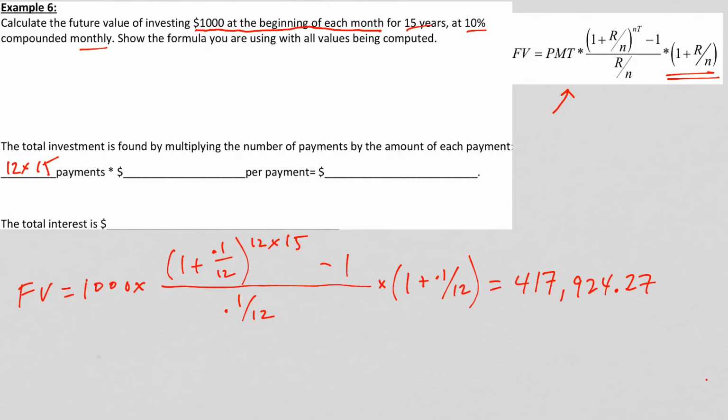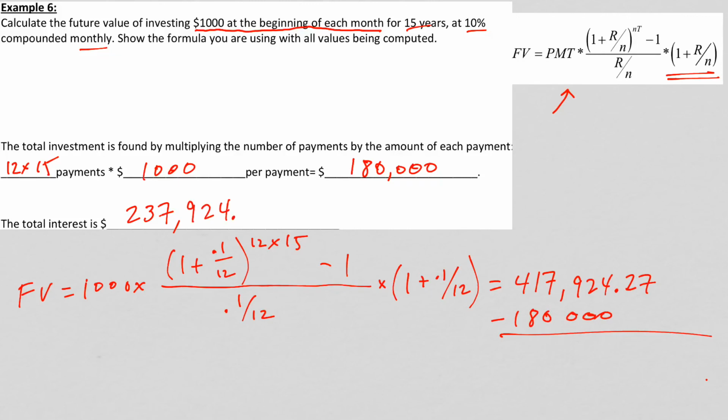Our payment size is $1,000. So this is going to come out to $180,000. So we are going to make, I should do this in my head, but I don't want to think. This should come out to $237,924.27 in interest.